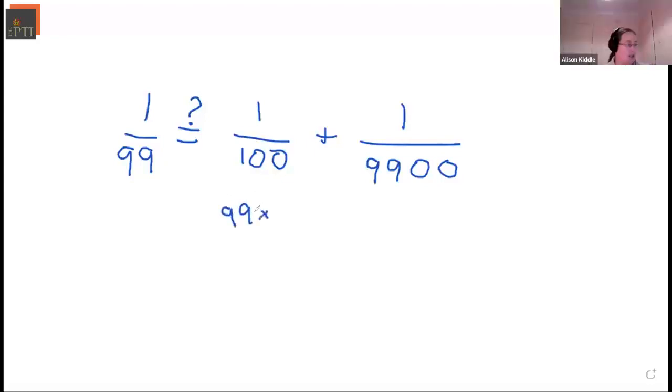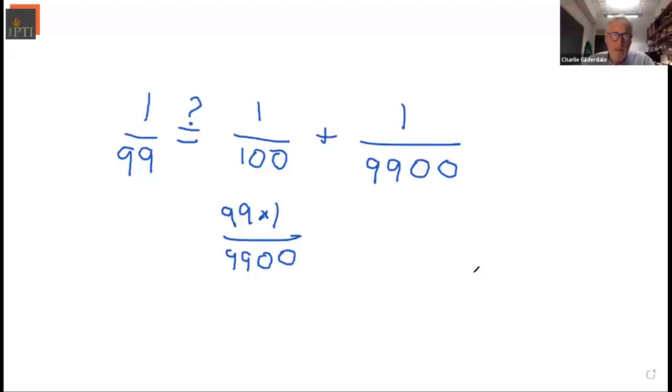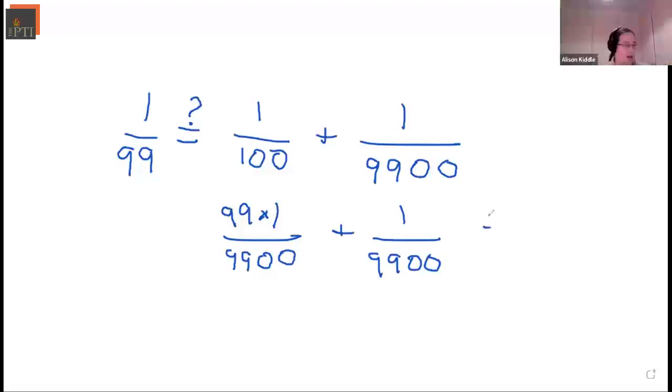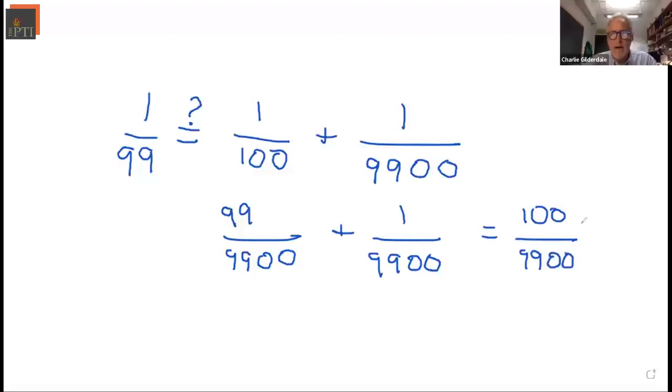So I've got 99 times 1 over 9,900, plus 1 over 9,900. And I can add those up and get 100 over 9,900. And then I can divide both the top and the bottom by 100.